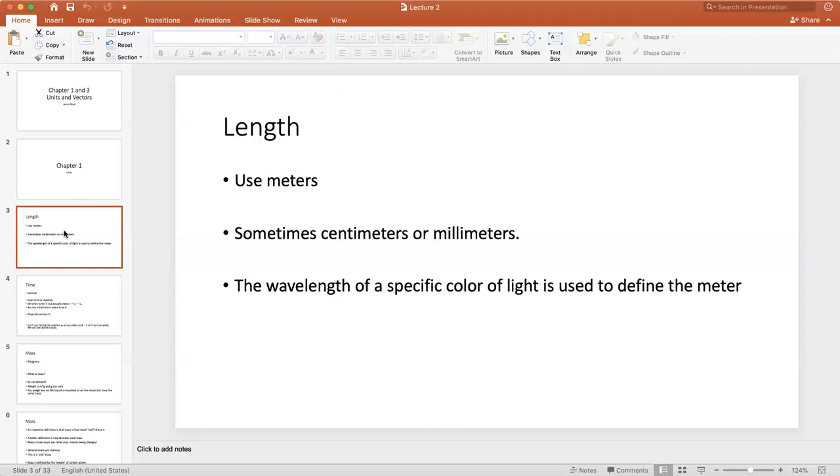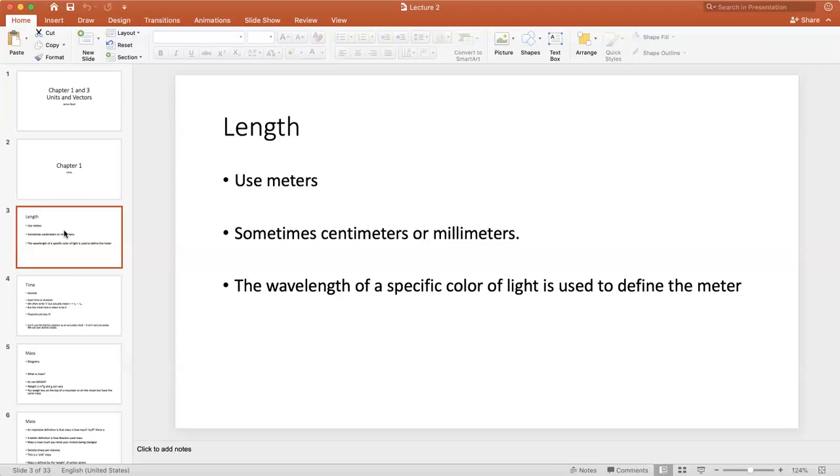That is always a constant length, and therefore the measure of a meter is so many of these wavelengths. Highly accurate. It should be the same anywhere. So it's a much more accurate way than just saying, oh, your foot.